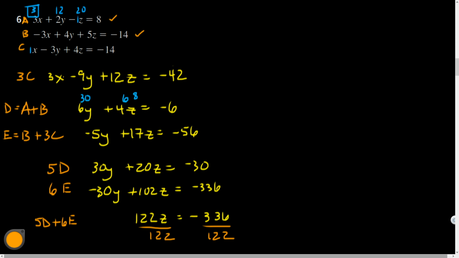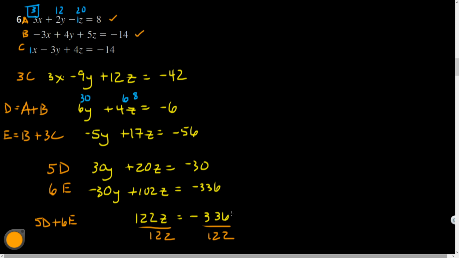Okay, and so now I'm going to see whether or not I have a typo somewhere. All right, 6y plus 4z equals negative 6. I think that's correct. Negative 5y plus 17z equals negative 56. I multiplied the top one, 30. 5 times 4 is 20. Yep, negative 30.